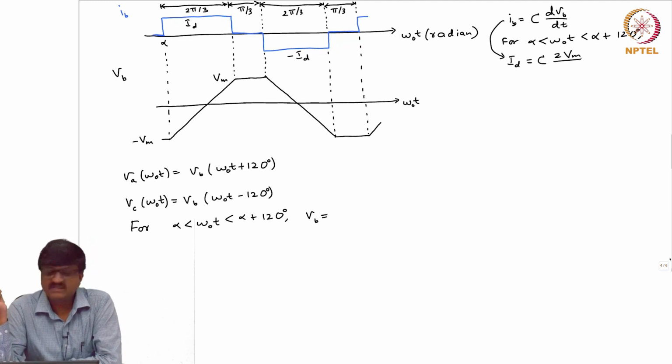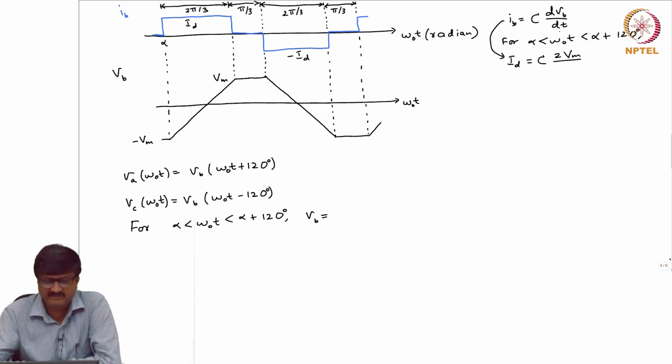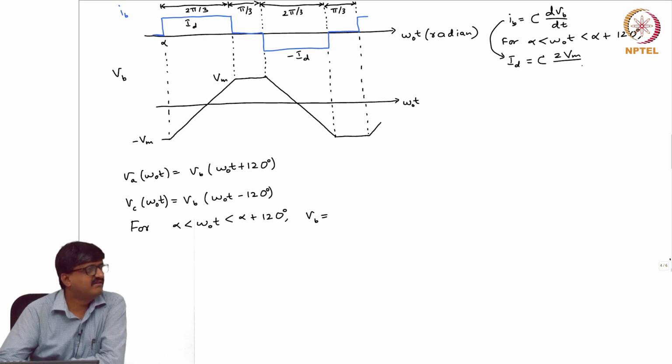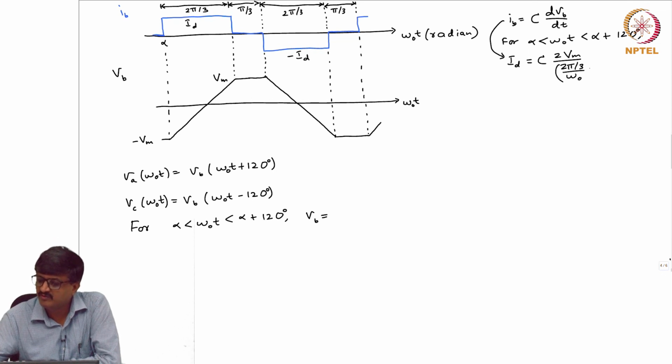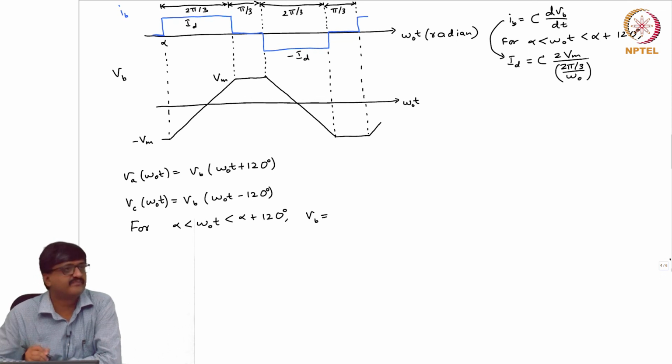So, what is the duration? See, what I am trying to do is I am just writing the right hand side C dVB by dt, the rate of change of VB with respect to time. It is 120 degrees, so 2 pi by 3 in radian by omega O. Is that okay?